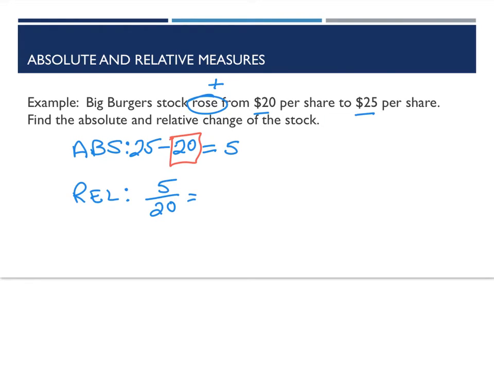It's always going to be the second one. Look at the formula on your sheet for the absolute difference. Now in my calculator, I do 5 divided by 20 and I get 0.25. That's not my answer because I want to give my answer for the relative in terms of percentages.